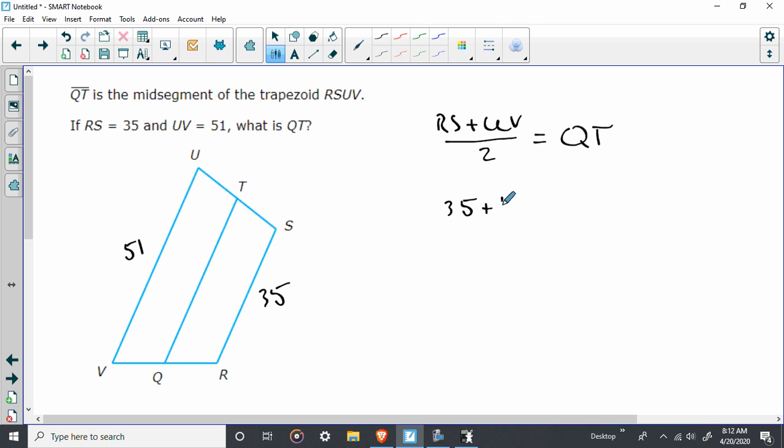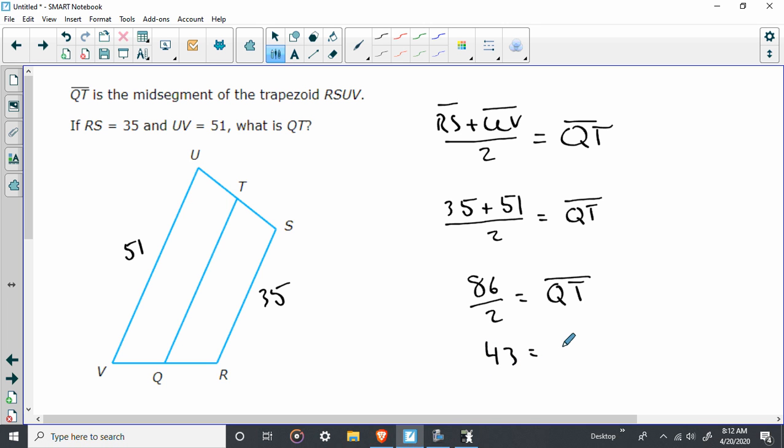UV is 51. What is QT? I'm sorry, I should probably fill these as segments. Okay. Now 35 and 51 is going to be 86. Okay. And QT is going to be half of that. So 86 divided by 2 is going to be 43. So QT is going to equal 43.